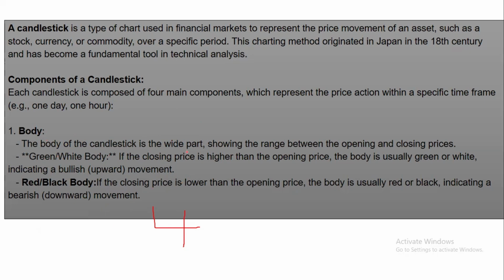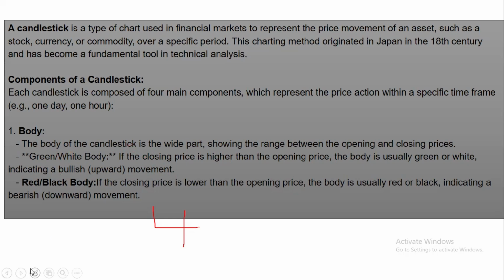The body of a candlestick is the part showing the range between the opening and the closing prices. It is usually green or red, or white or black, depending on the setting you put. Most forex traders use green and red candlesticks, right?